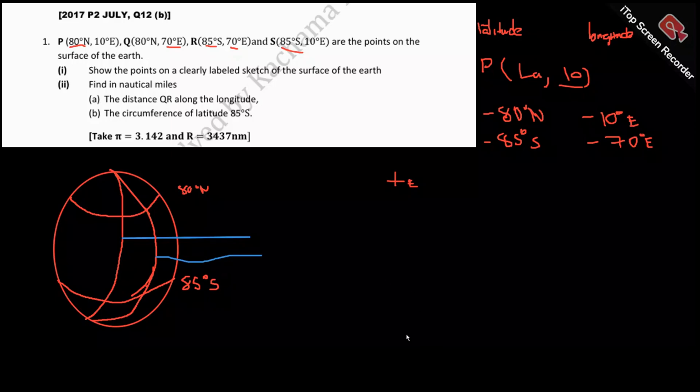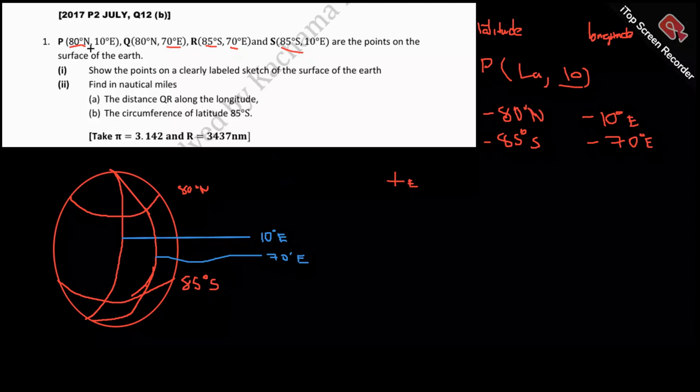So you should start with 10, then 70. So this is 10 degrees east. This is 70 degrees east as well. Very simple. Now you're supposed to show the points.